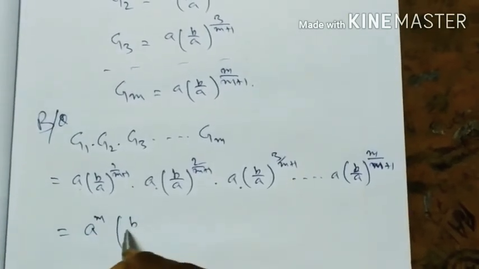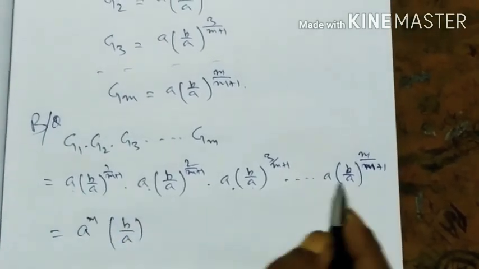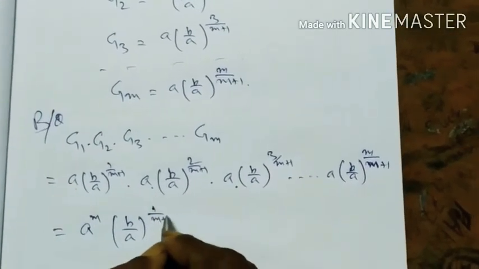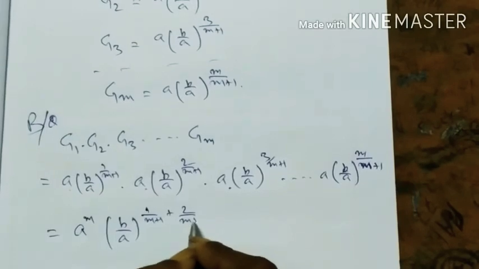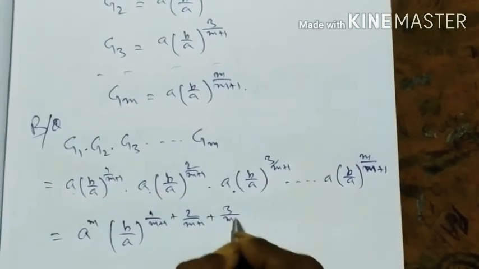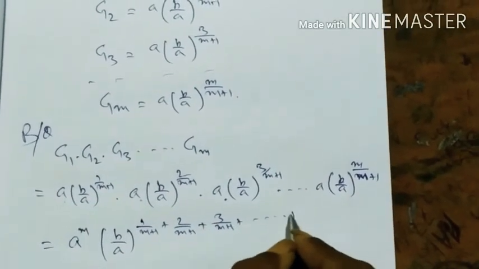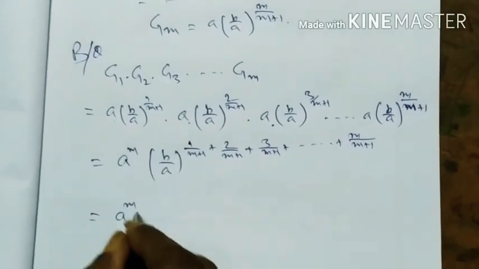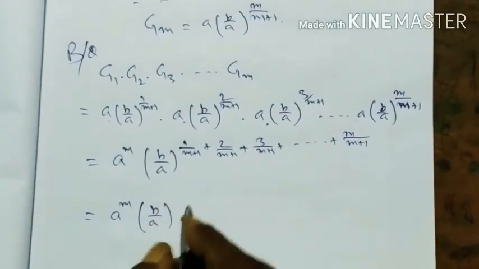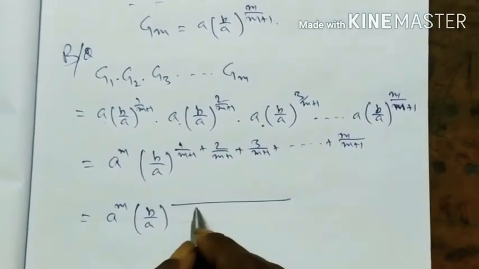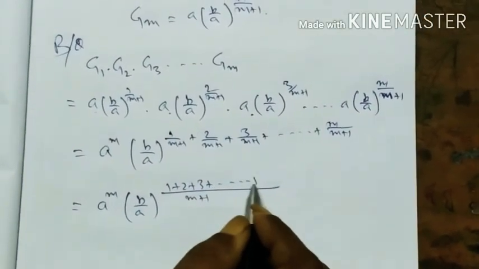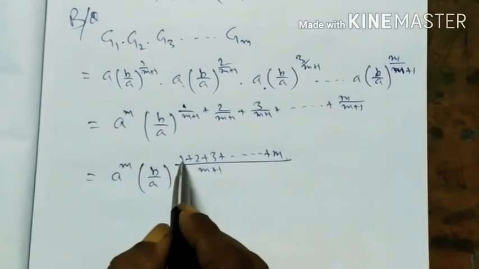And now for b by a, same base, according to the indices rule, the powers will add up. That will be 1 by m plus 1 plus 2 by m plus 1 plus 3 by m plus 1 plus up to m by m plus 1. Now you see, this is equal to a to the power of m, b by a, with the LCM m plus 1, 1 plus 2 plus 3 plus up to m.